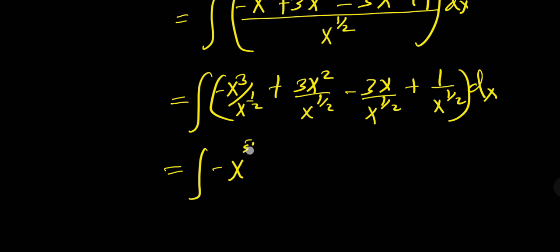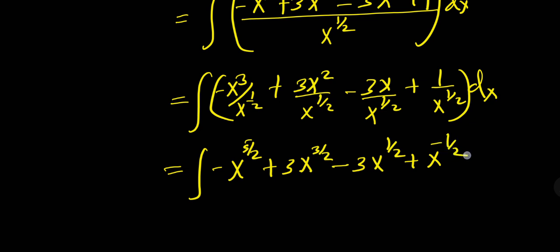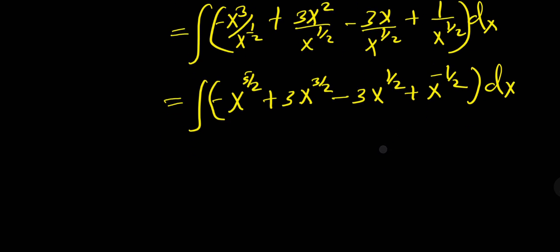So you have minus x power 3 minus a half, that is 5 over 2, plus 3x power 3 over 2, minus 3x power a half, and this last one will be x power negative a half. Write the negative exponent of that one. So now you see each term is standing alone.